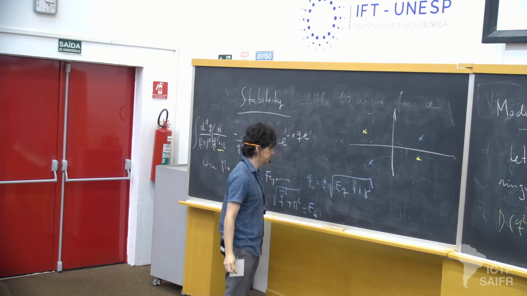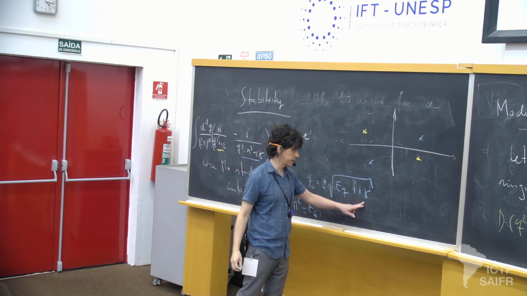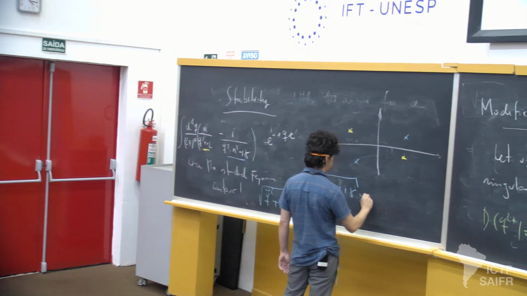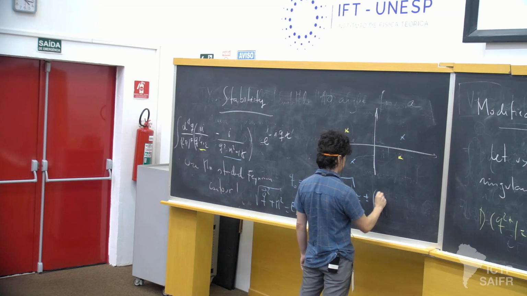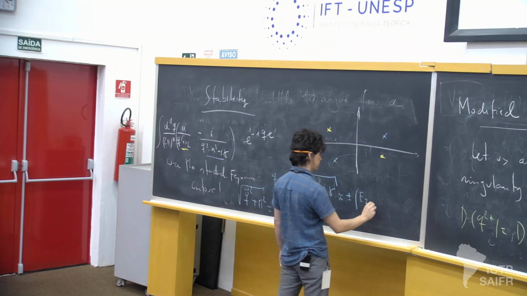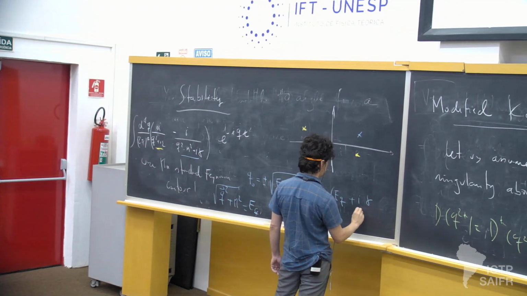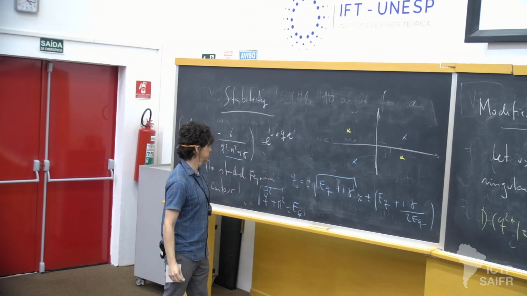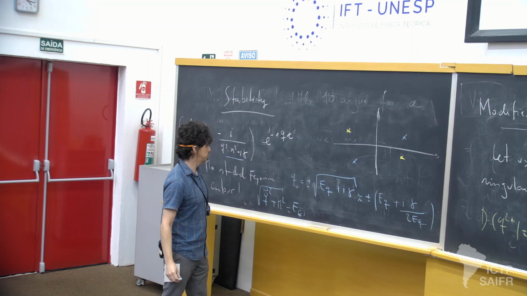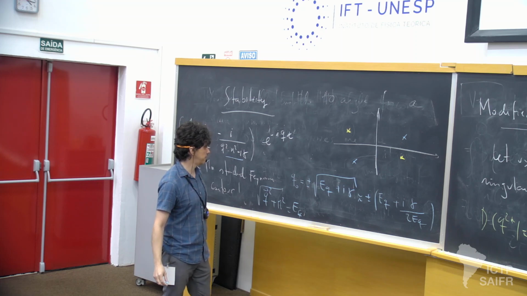So this is a small guy, so let's just do a Taylor expansion. So this is just E_Q plus i gamma over 2 E_Q. Am I correct? E_Q, you put in evidence.